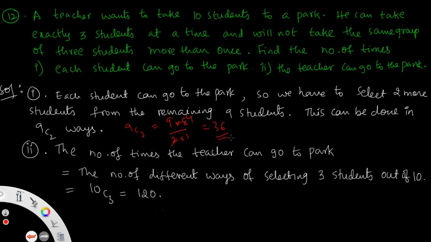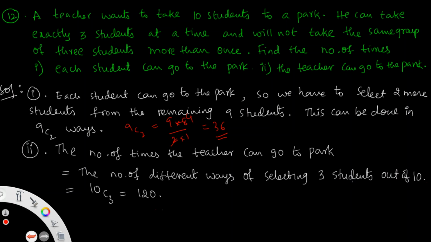And the second question: the number of times the teacher can go to the park. So out of 10 students, we have to select any 3 persons. The question asks the number of times the teacher can go to the park, so it should be taken as the number of different ways of selecting 3 students out of 10.